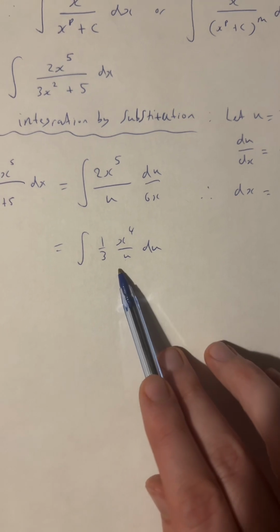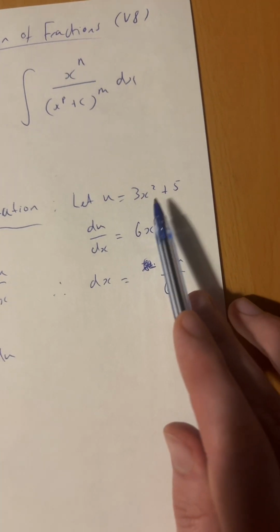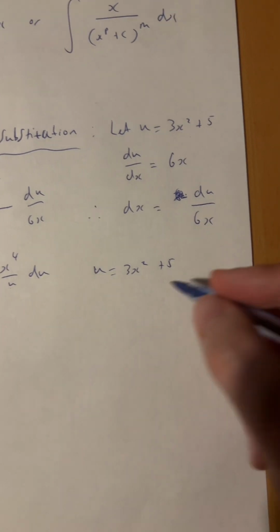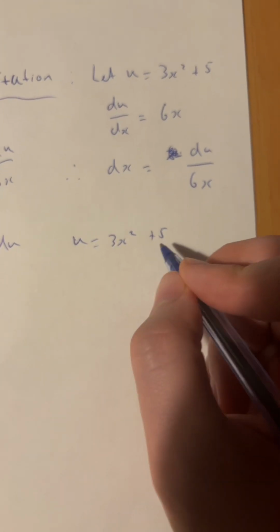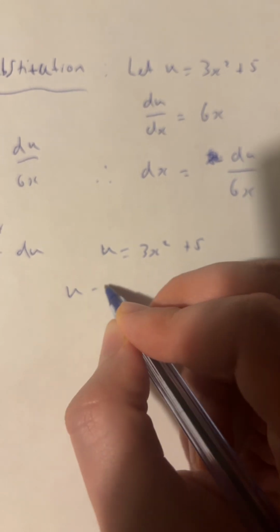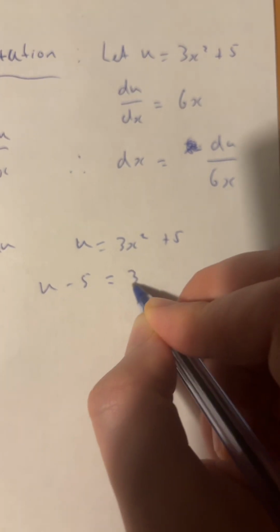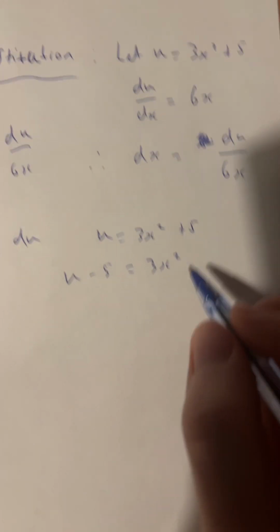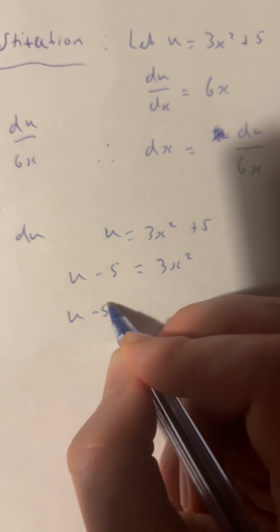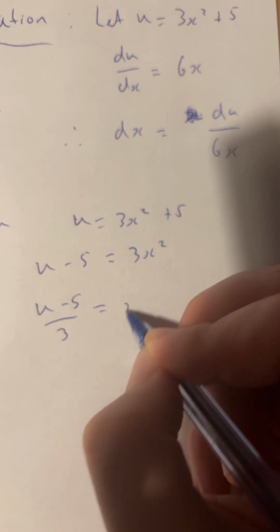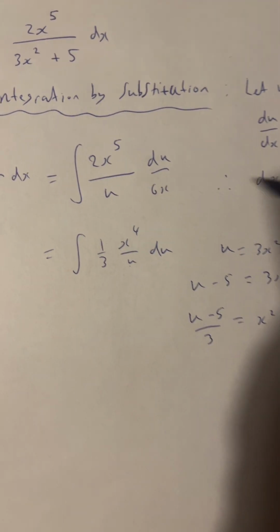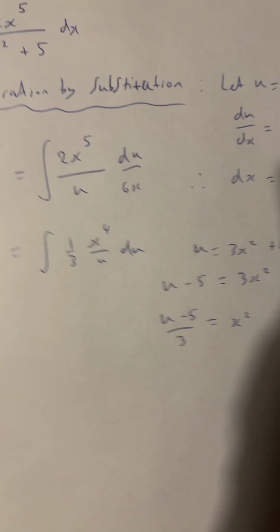Now the trick with this is you need to go back to your substitution and try to get a formula for x squared. So we know that u minus 5 is equal to 3x squared. Let's just divide by 3. So u minus 5 over 3 is equal to x squared. Now we're trying to eliminate an x to the power 4.